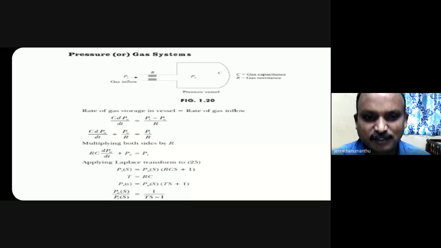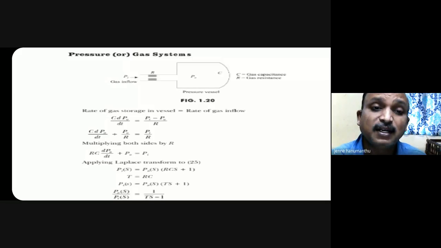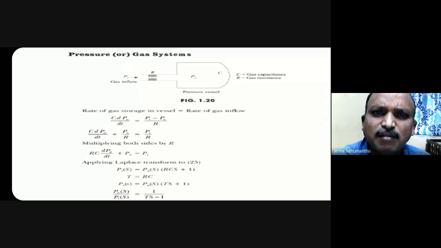Gas is the input. The system comprises gas, it accepts the gas input. That system you want to consider and you want to write a mathematical model. Understand my point? Gas system is nothing but a system which works on gas input.